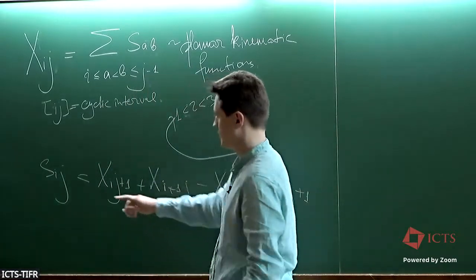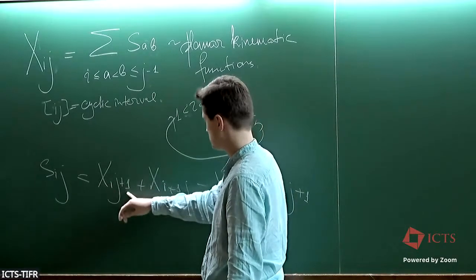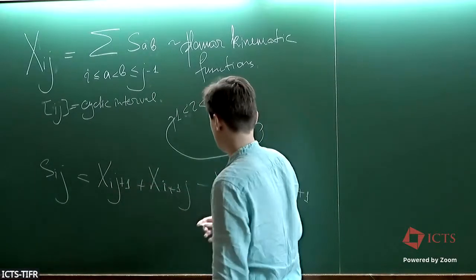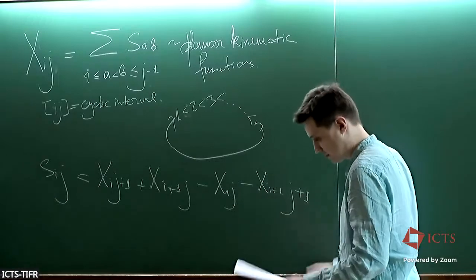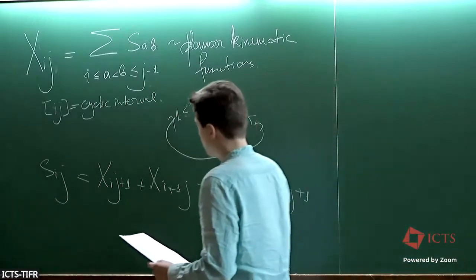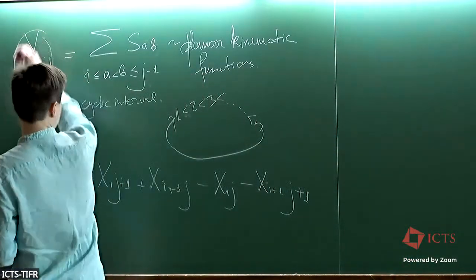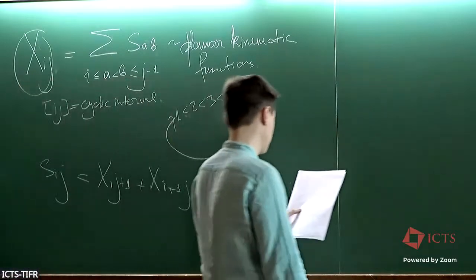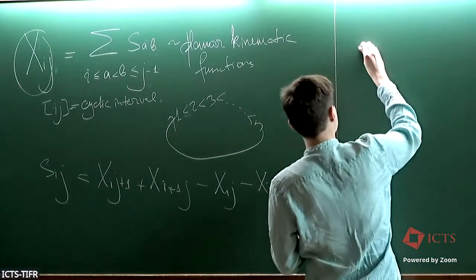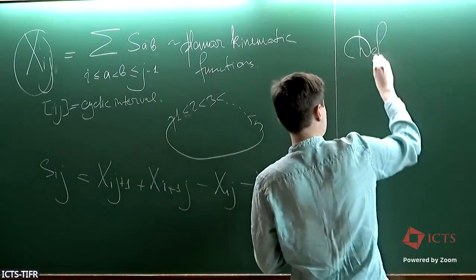So it looks like this. We take x_{i,j+1} and x_{i+1,j}, we sum them, and then we subtract x_{ij} and x_{i+1,j+1}.